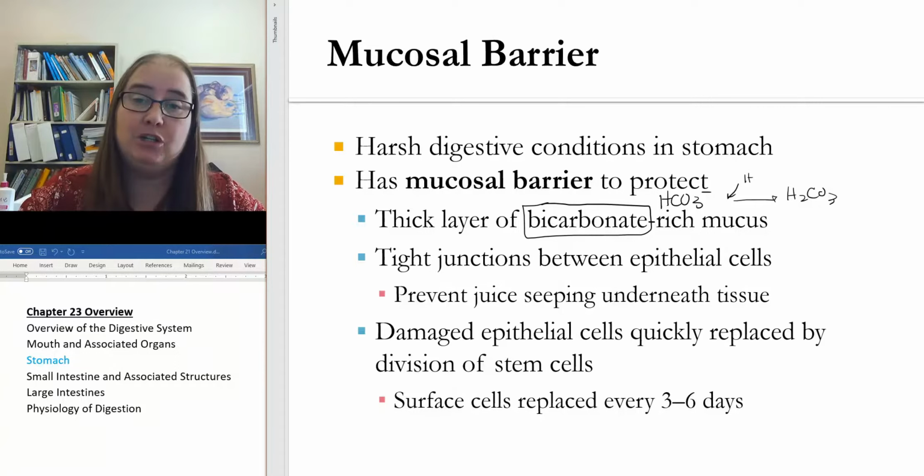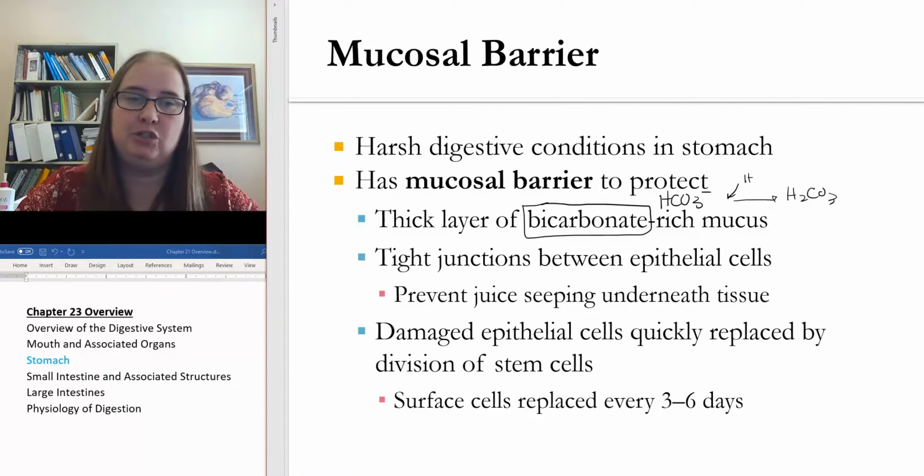In addition, as a protective mechanism to prevent the acidic secretions of the stomach from getting down to underlying tissues, the epithelium within the stomach are held together by tight junctions, right? Remember those tight junctions? These are our waterproof junctions that exist between cells.